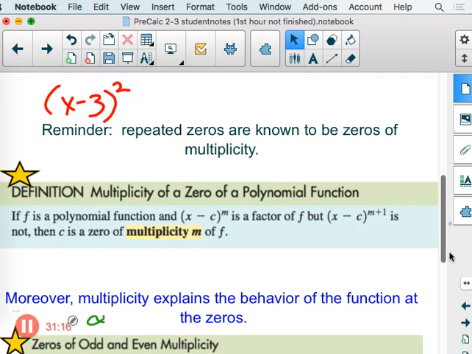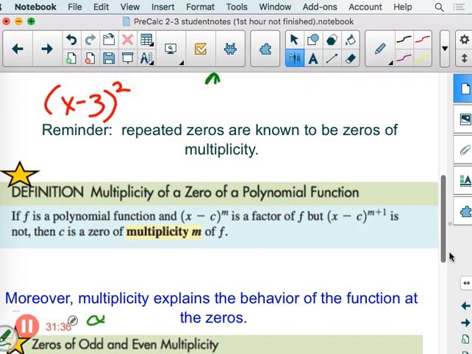So if you see a 2 up there, you see a 3 for the power, 4 for the power, then you say it has multiplicity. This one is multiplicity 2. Anybody remember what that tells us about the graph when your 0 has a multiplicity that is even? It means it's a tangent.